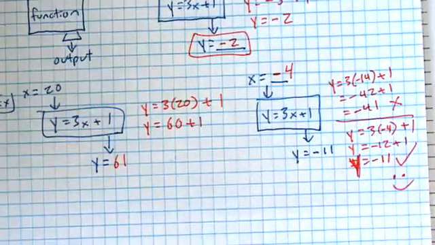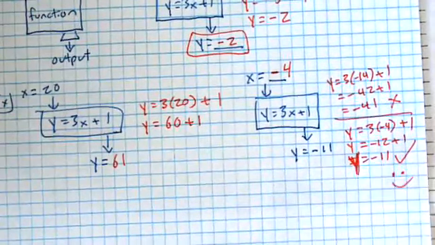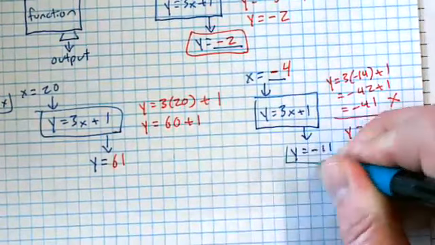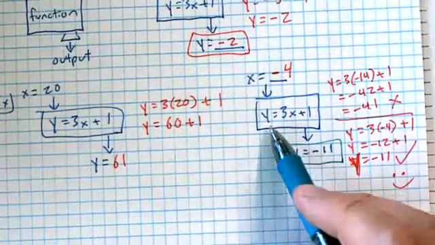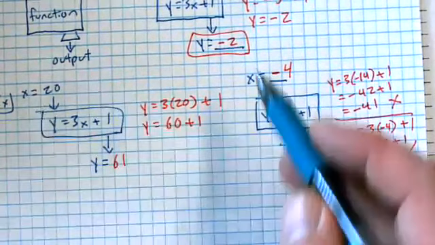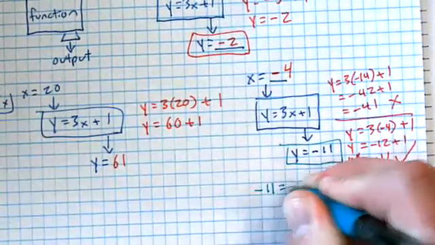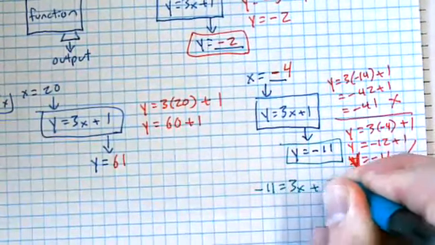Now, the piece that really made my heart grow 3 sizes bigger when you said just a second ago, guys, don't miss this, by the way, because this is going to help you with our learning target, even though this is not part of our learning target. I love that you said, take this negative 11 and put it into this equation, because that's what we did when we knew what x was, right? If I put negative 11 into this equation, we get the equation negative 11 equals 3x plus 1.